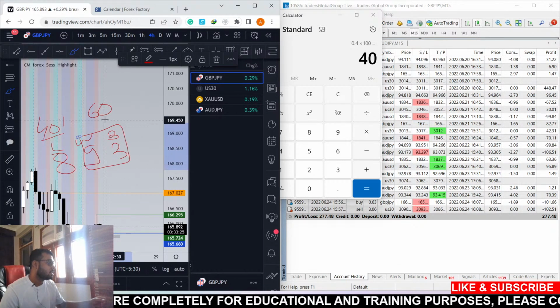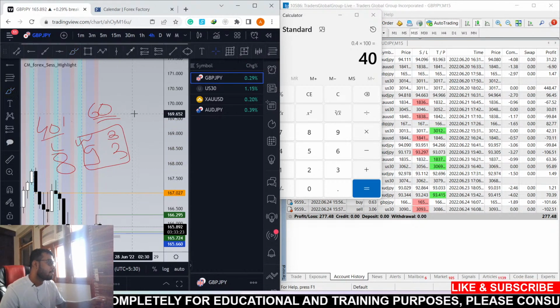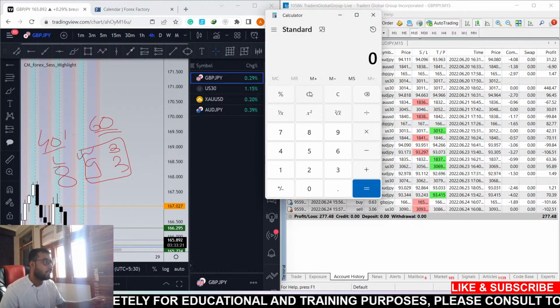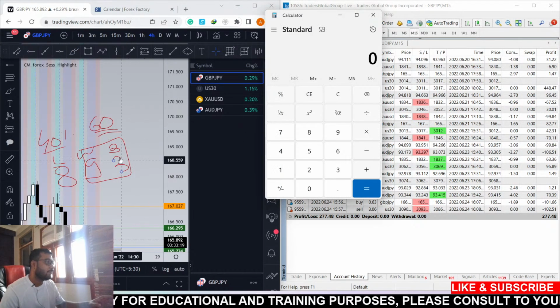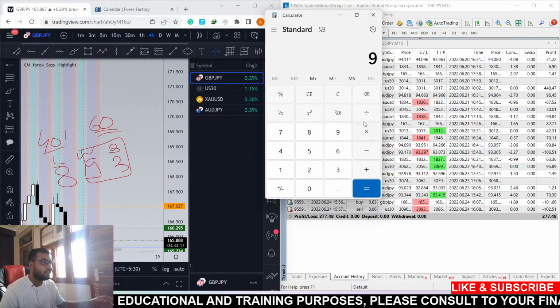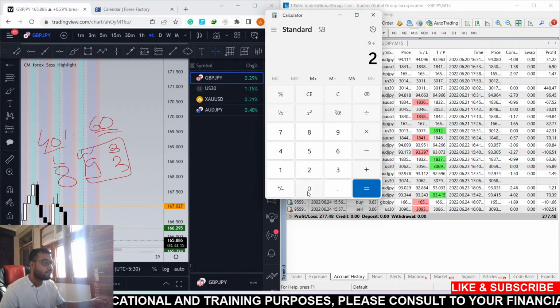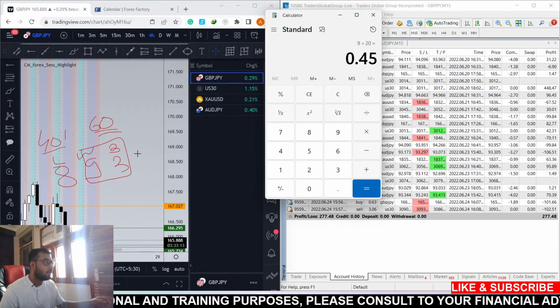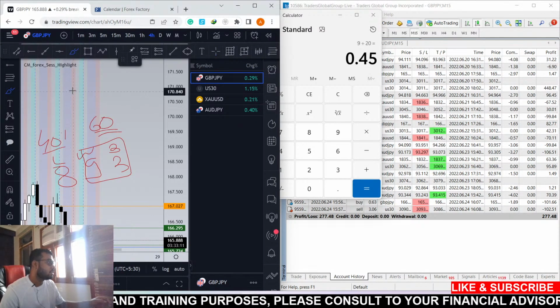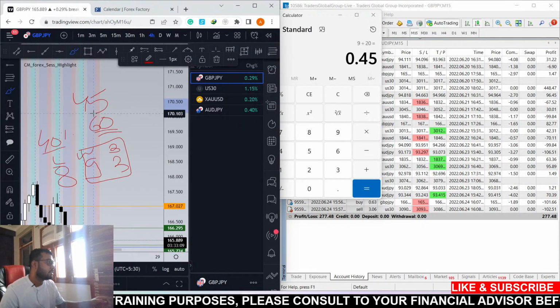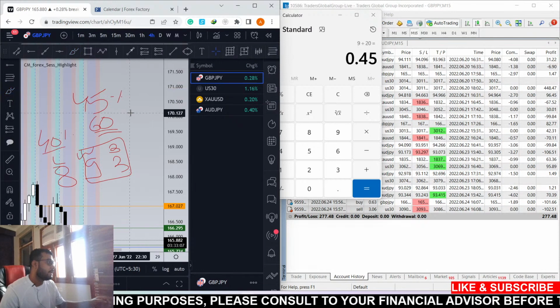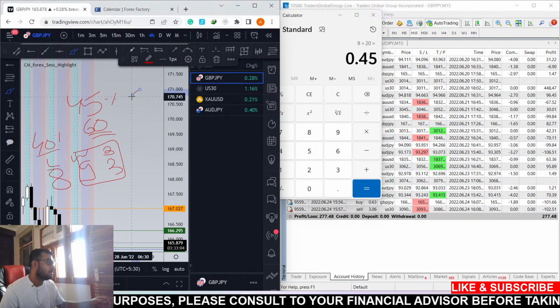If you remove the break even trades, it would be somewhere around 40% loss, 45% wins, and 5% break even.